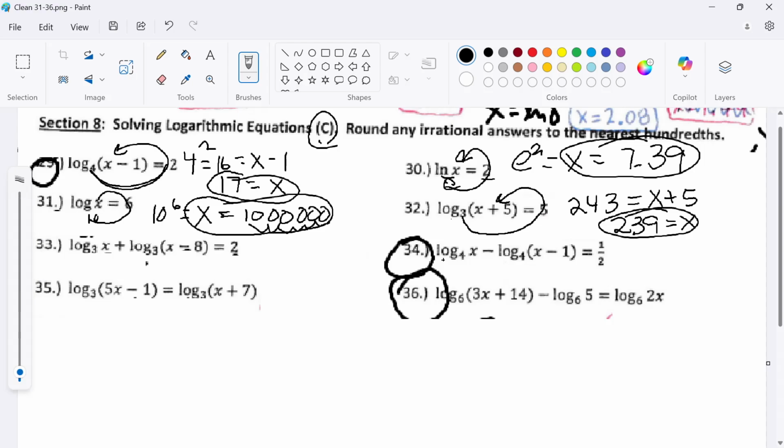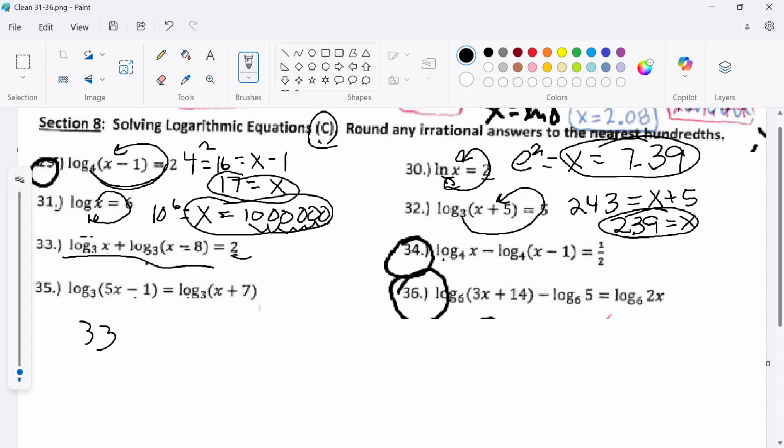Next one, log base 3 of x plus log base 3 of x minus 8. So when I'm doing logarithmic equations, either get a log to the same base on each side, and then I can compare the arguments, or get a log on one side and a constant on the other. Well, here's a constant, so I'm going to have to combine these two. I'll do 33 down here.